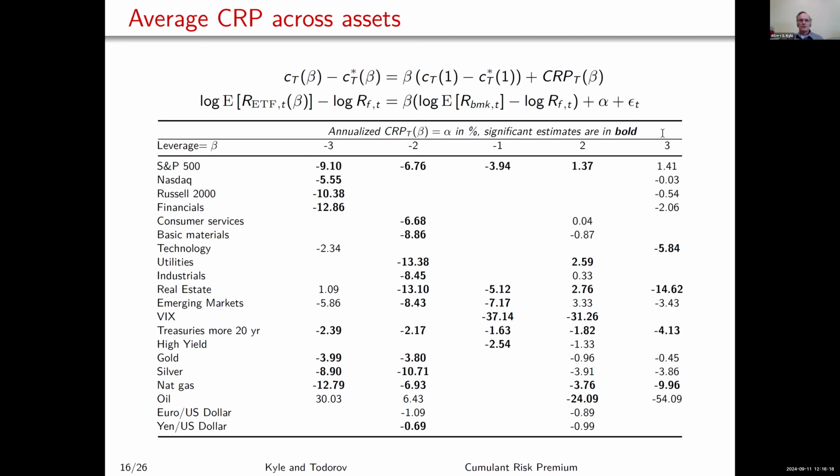And what you find is that a lot of these cumulant risk premiums, even though the time period we're looking at is not all that long, are statistically significant if you're not real careful about how you measure statistical significance. Maybe you could spend a lifetime trying to think about statistical significance here, especially because this is about high order cumulants, and the high order moments will affect your test statistic.